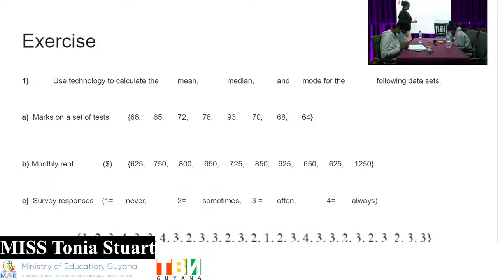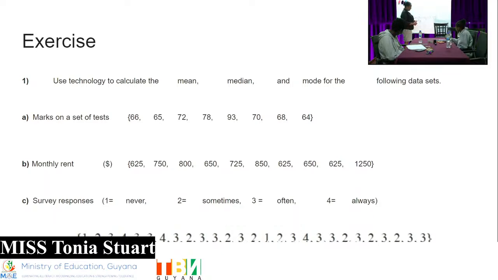Let's add it together. 8 and 0 is 8. 6 and 7 is 13. Divide by 2. 2 into 8 is 4. 2 into 13 is 6, and how much remains? 1.